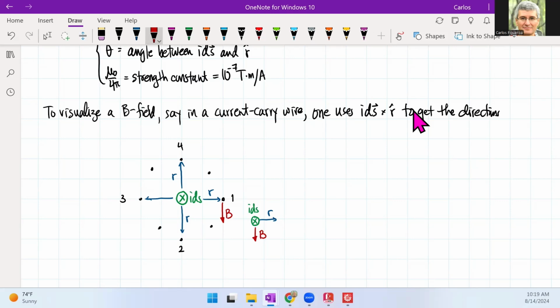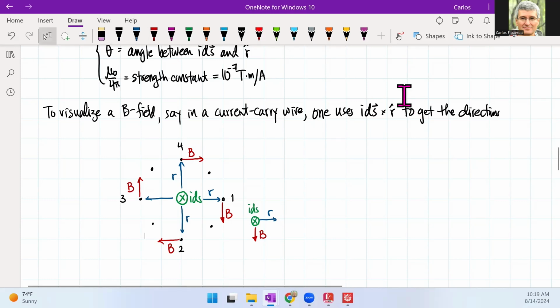Now, if I keep going around, I'm going to get a magnetic field here by the right-hand rule, a magnetic field here by the right-hand rule, and a magnetic field that does this. So what you're seeing here is the magnetic field is rotating around this current.